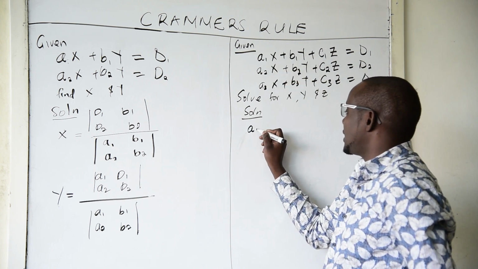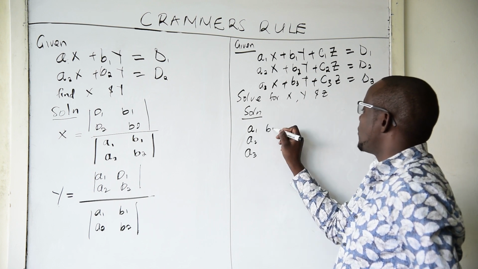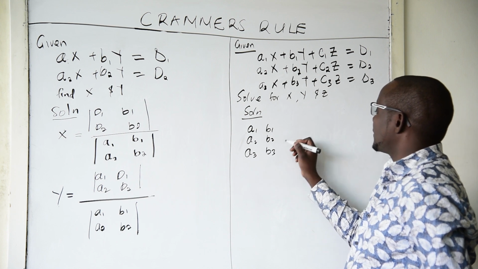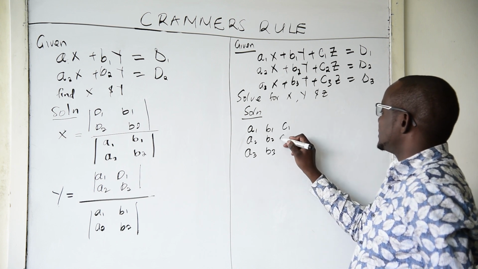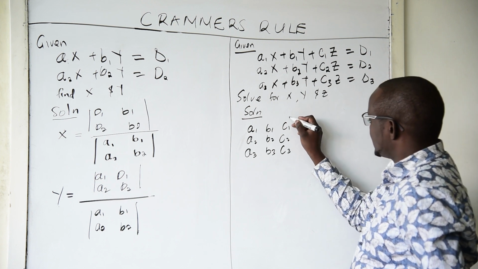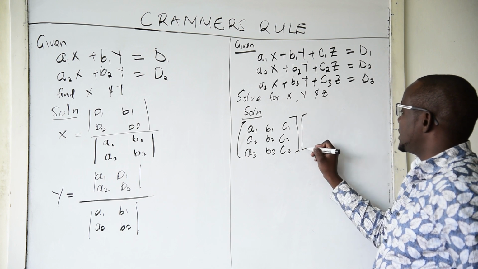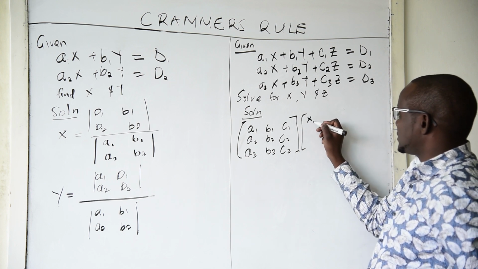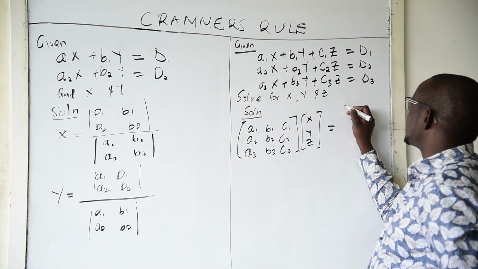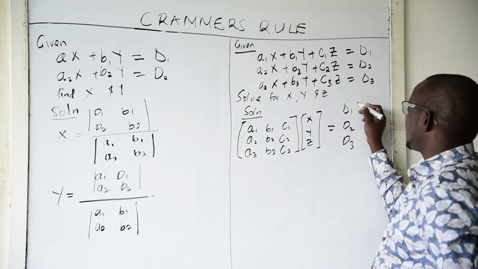The matrix is A1, A2, A3, B1, B2, B3, then you have C1, C2, C3. This is my matrix. I can extract the matrix from this simultaneous equation. Then I have x, y, z, which equals D1, D2, D3.